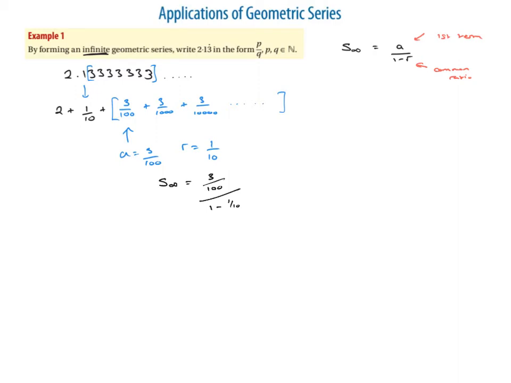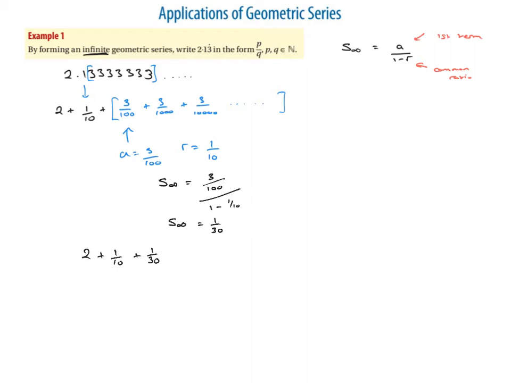It comes out to be 1/30, so the S to infinity here is equal to 1/30, which now means that we have to add that on to the 2 plus the 1/10, and we've now got plus 1/30. So all we now need to do is get everything in terms of the same denominator, and then we're finished. We can combine it and get it over the form P over Q as requested.